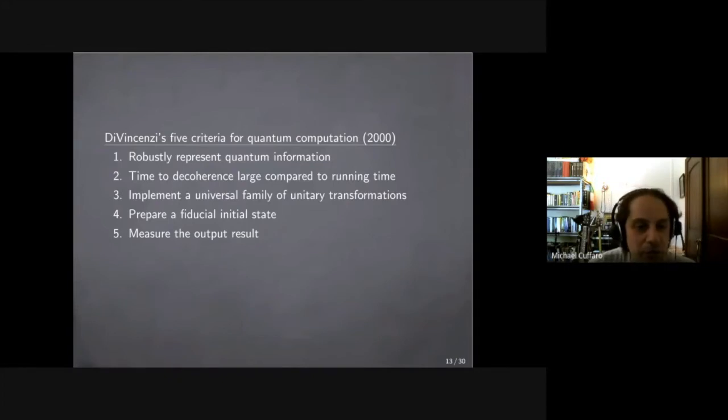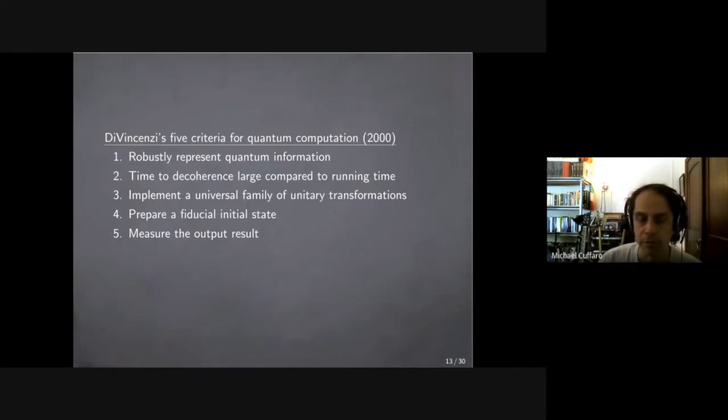So the fourth requirement is that in this quantum computer, we should be able to prepare a fiducial initial state. Generally, the initial state is going to be such that all of the inputs to the system are zero, initialized in the computational basis state 0. Right? But that's just a convention.